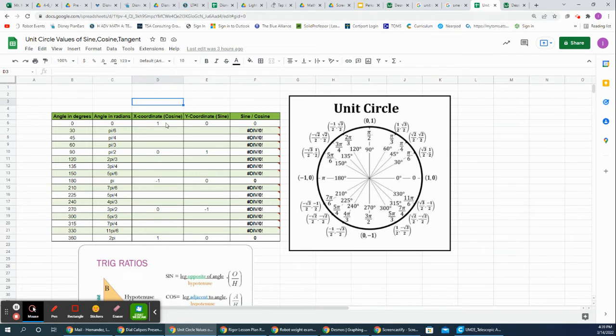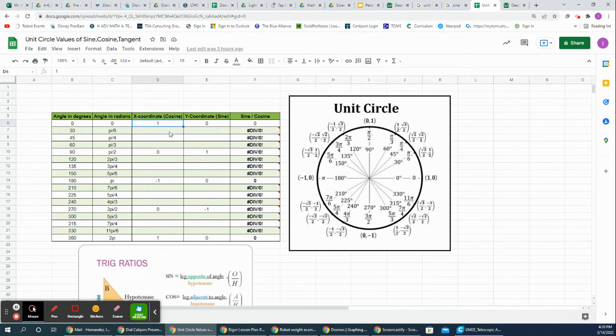Okay? Now, in this column, where it says x-coordinate, remember that this is also the cosine value at the angle, either in degrees or radians. So for example, the cosine of 0 degrees or the cosine of 0 radians, what's the value? 1.